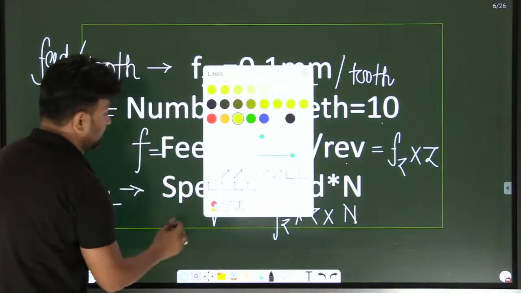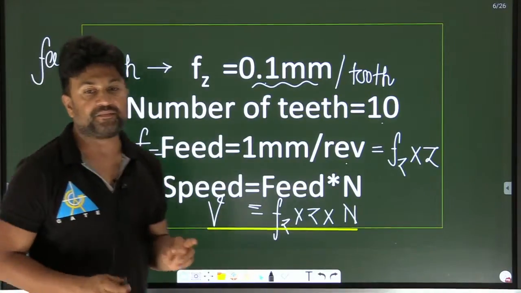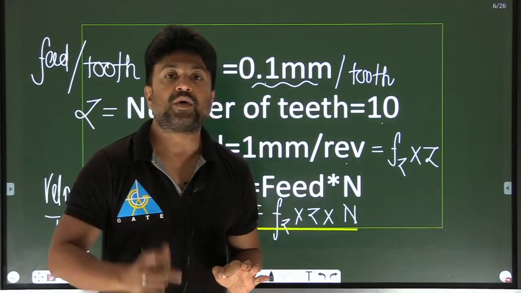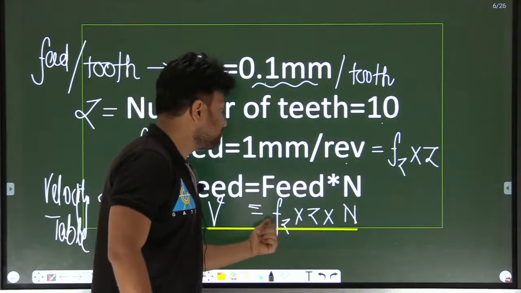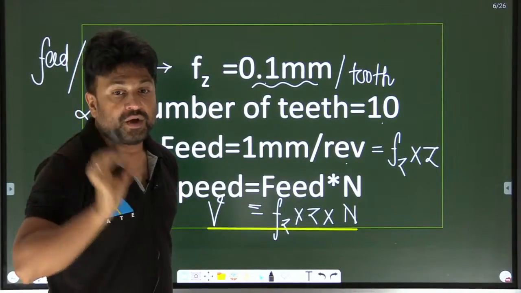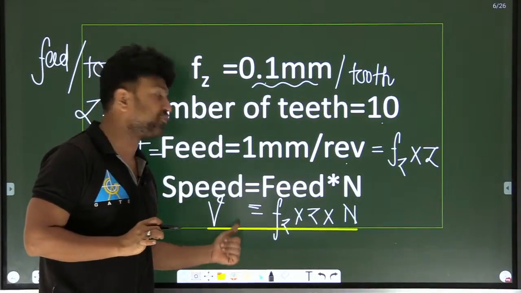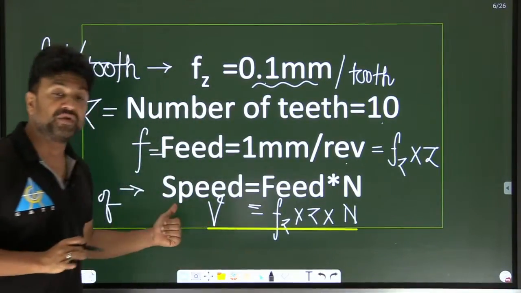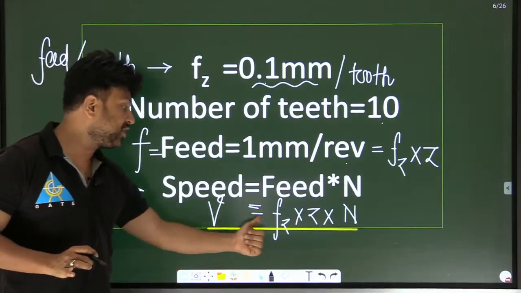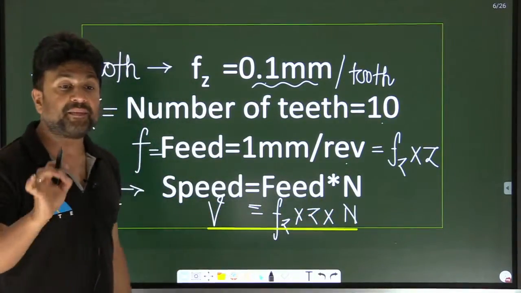So please remember this formula, because in the GATE exam, 1 mark questions come from this formula, that the velocity of the table equals Fz into Z into N. Am I clear?